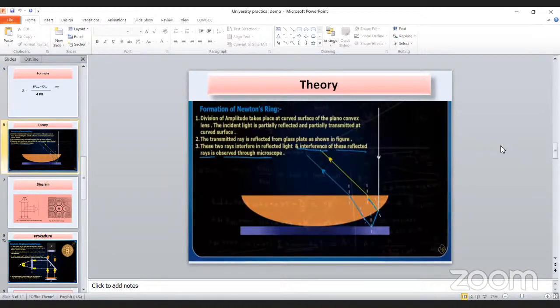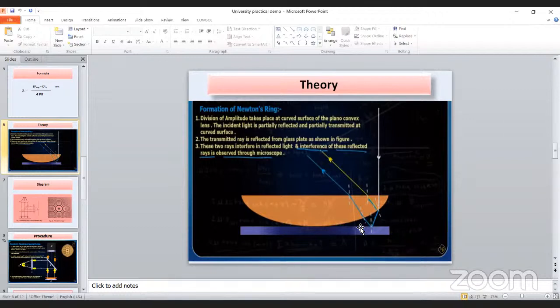Theory of this experiment is Newton's rings. Here we see this is a plano-convex lens, in which the upper surface is a plane shape and the lower surface is a convex shape, and this is a plain glass plate, where the plano-convex lens is placed on the plain glass plate.